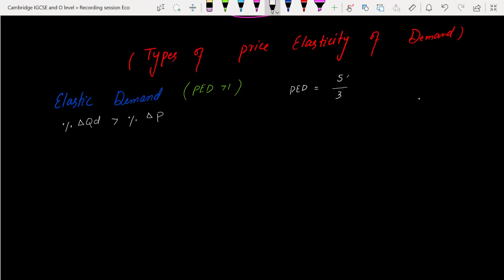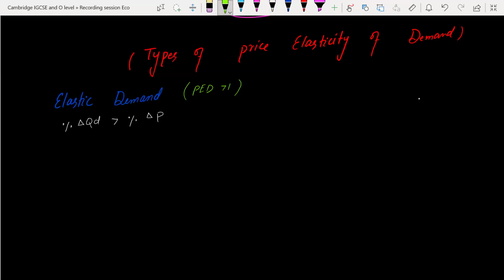This 5 indicates the change in quantity demand, which is greater than the change in price, which is 3. So when I solve this, the answer will be greater than 1. That's why it will be called elastic demand. Percentage change in quantity demand will be greater than the percentage change in price.